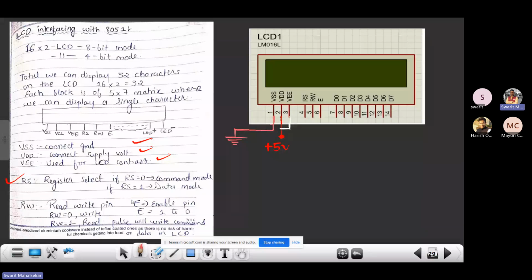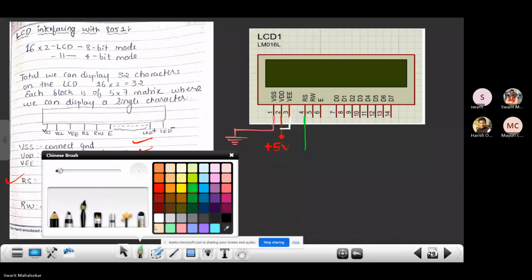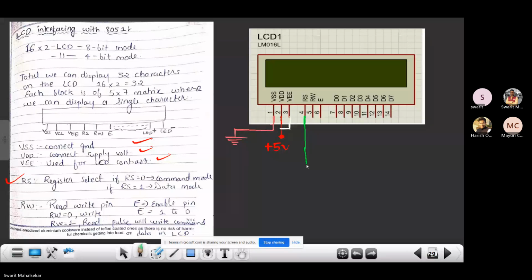So this is my RS pin. Let me write it in this way. If my RS is 0, that means we are sending a command, and if my RS is 1, that means we are sending data.